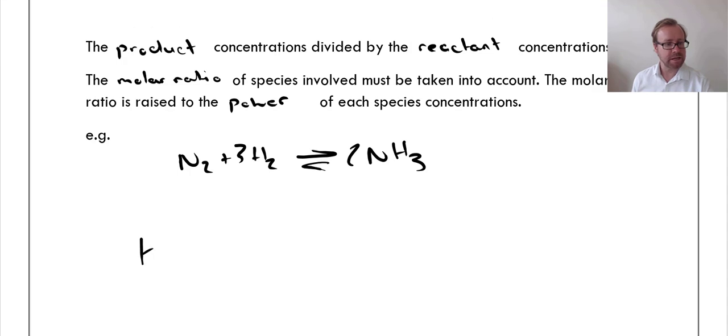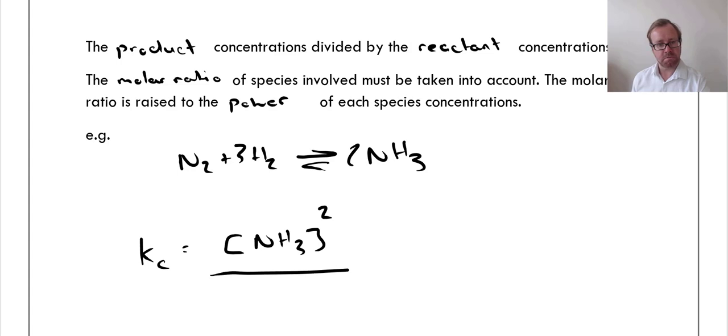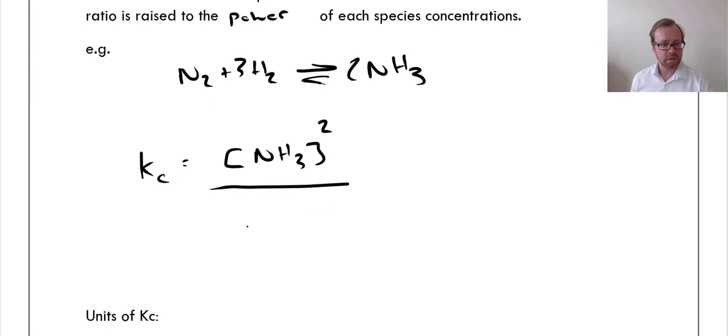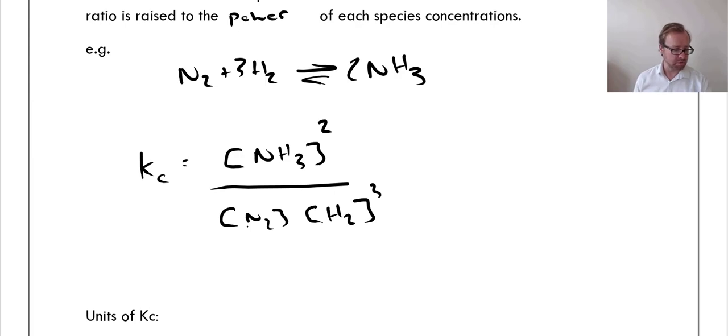So Kc equals the concentration of my products, which is ammonia, raised to the power of the molar ratio, over the concentration of my reactants, raised to the power of the molar ratio.